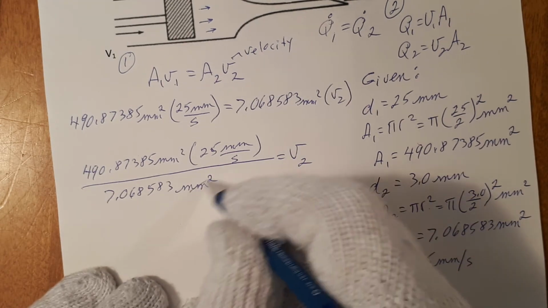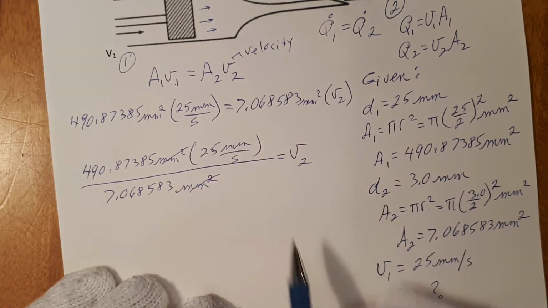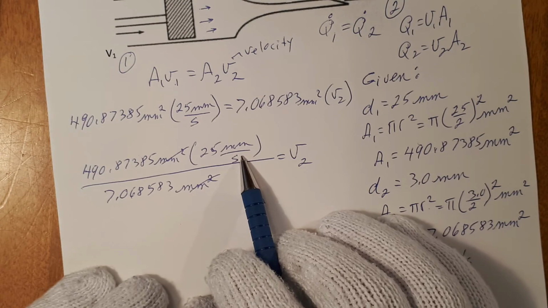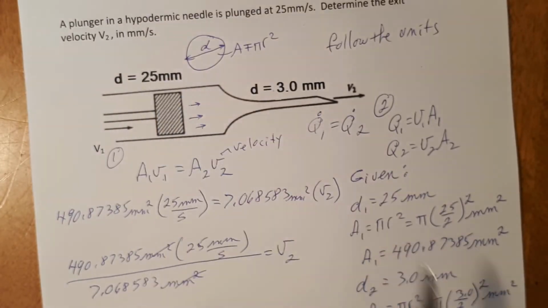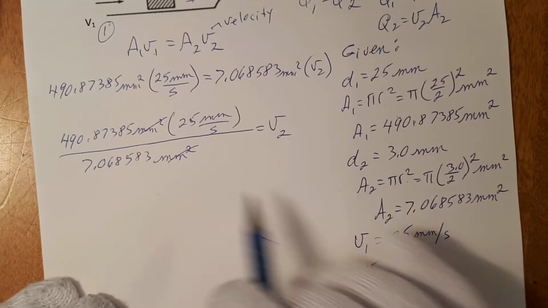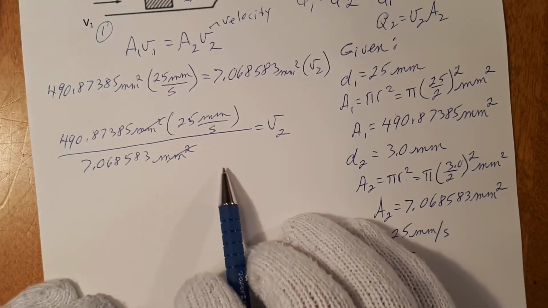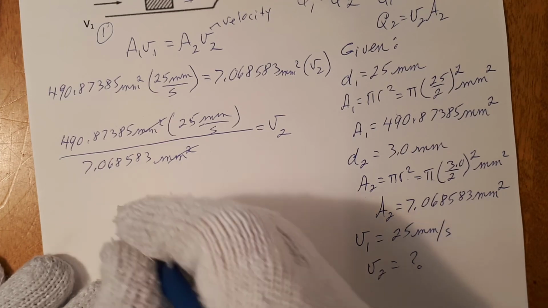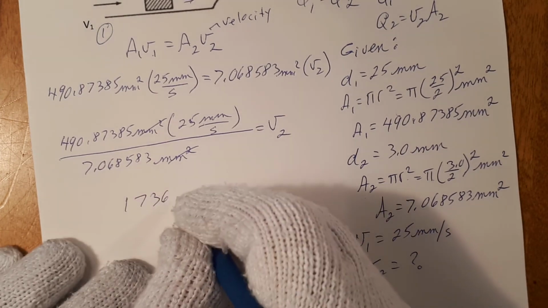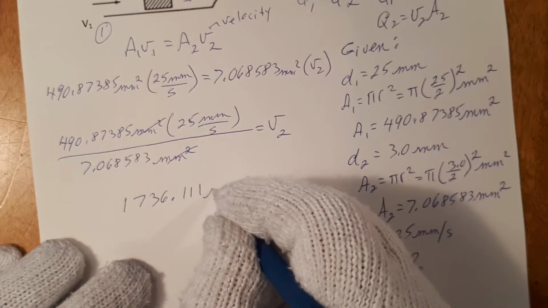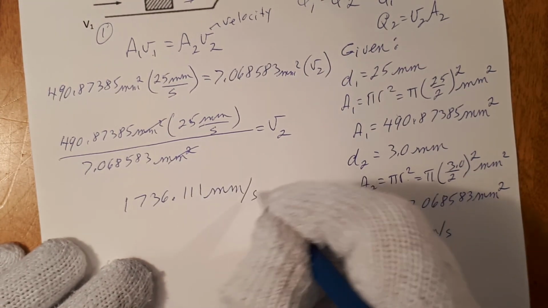Looking at the units, millimeters squared cancels out, leaving us millimeters per second, which is what we are seeking. Doing this in our calculator, the answer is 1736.111 millimeters per second.